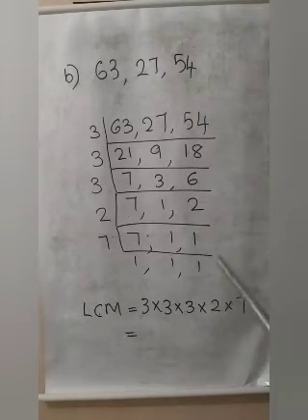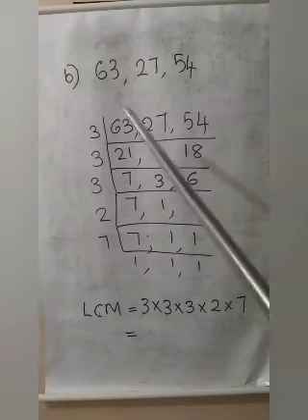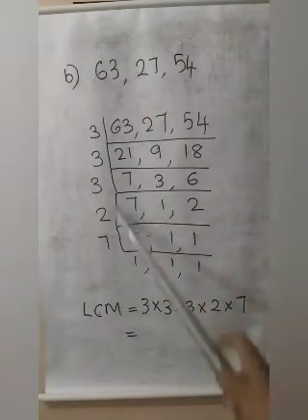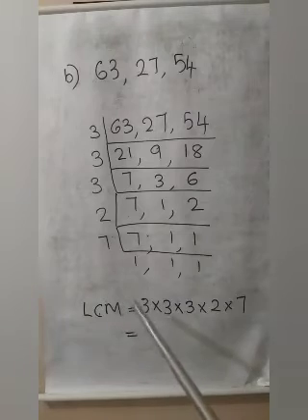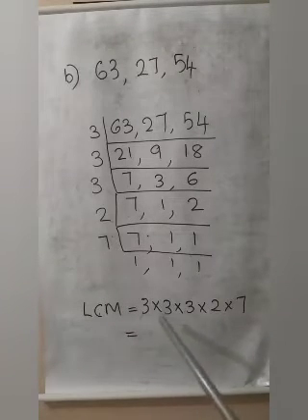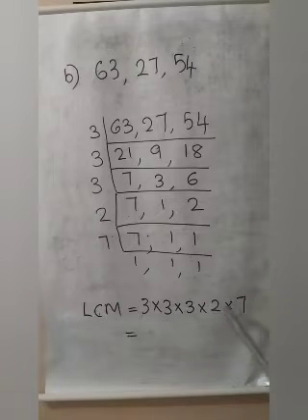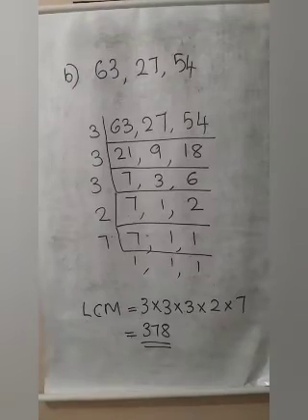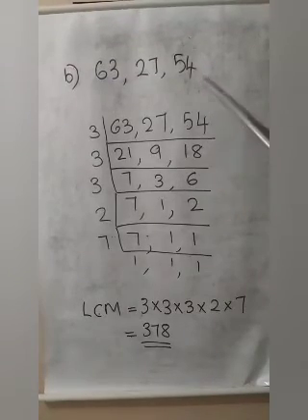Therefore, there is no need of writing common and non-common factors. Directly, the numbers we prime factorize give the LCM of 63, 27 and 54. So what is the answer? 3 into 3 into 3 into 2 into 7. The answer is 378. So the LCM of 63, 27 and 54 is 378.